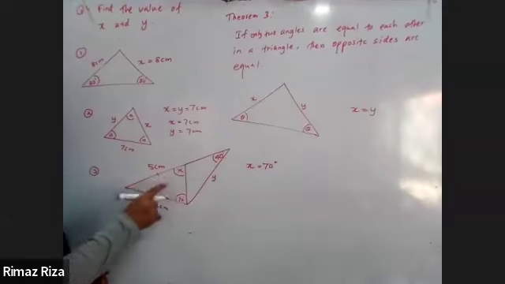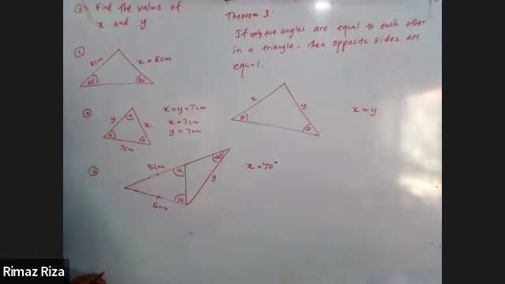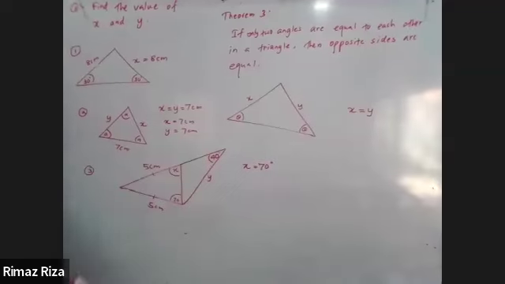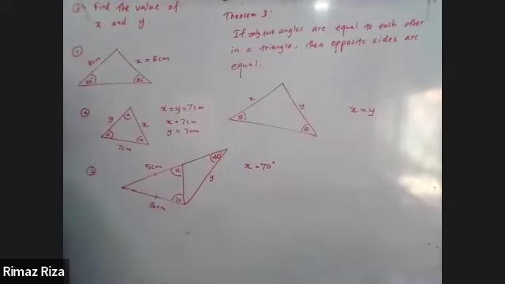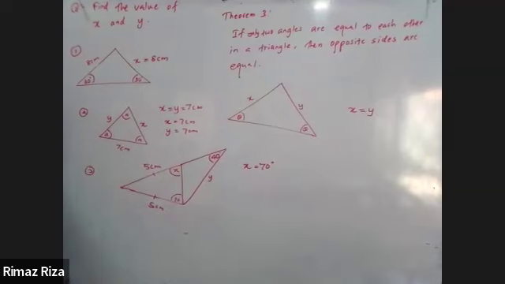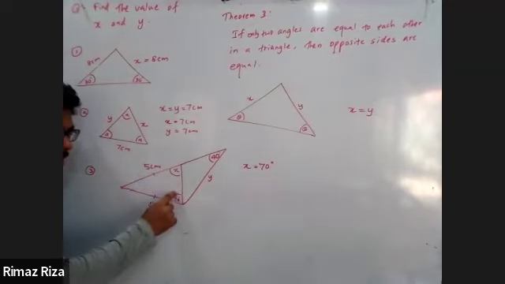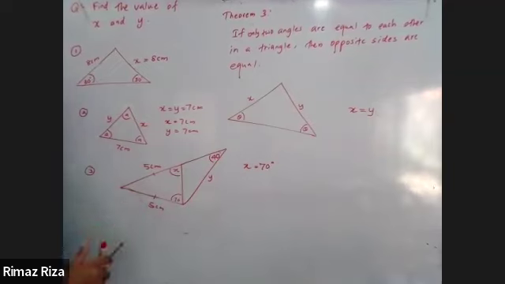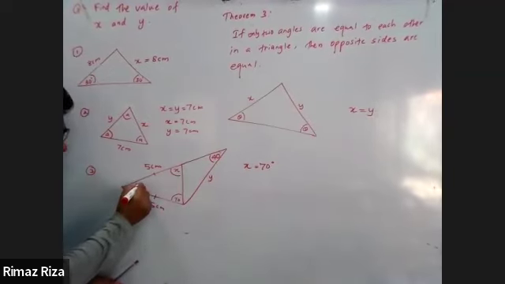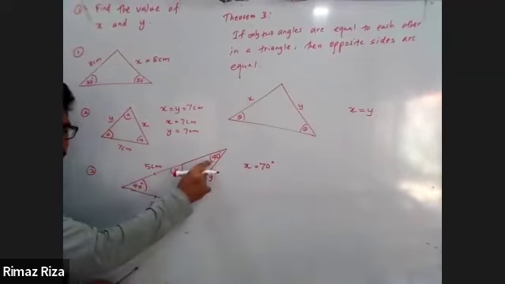Here 70, here 70, add these two, how much? 140. The total internal angle, how much? 180. So altogether here you have 140, so what is this angle? 40. So this angle is 40, this angle is 40.